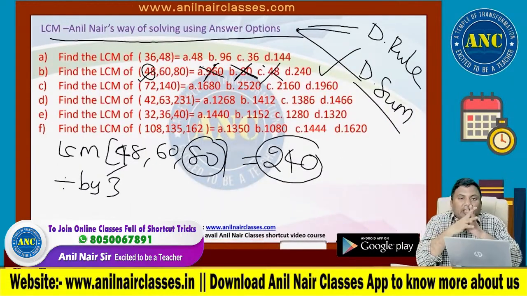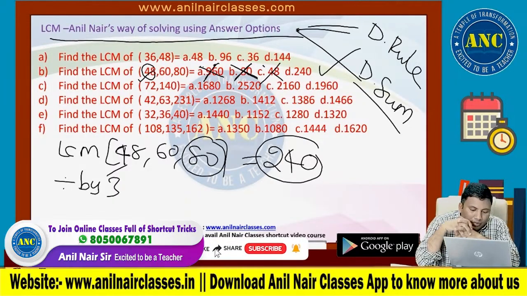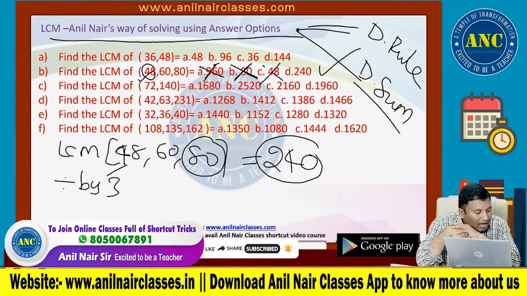Why is 48 out? LCM is derived from the largest number.